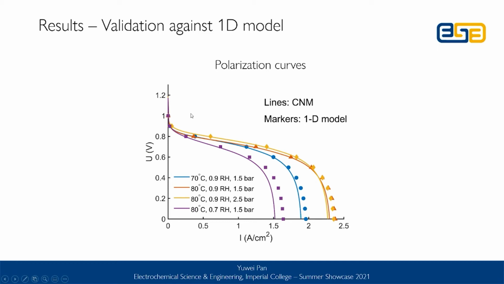Then the modeling results are validated against a 1D model. The simulated polarization curves agree well with the 1D model, but the computational node model tends to predict a lowered limiting current, and this can be explained by the internal status of the cell.